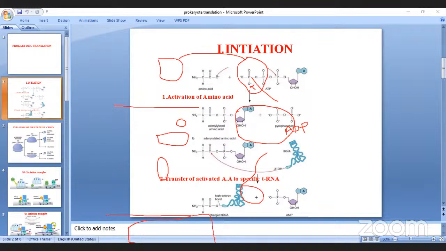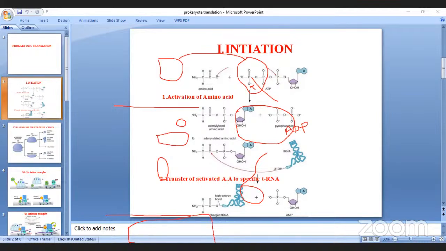So the first bond is the acyl bond, between the carboxyl group and alpha phosphate. The second is with the activated tRNA, because the tRNA brings the amino acid towards the mRNA strand to form the polypeptide. Here also the bond between the tRNA 3' end hydroxy group and the amino acid carboxyl group is an ester bond. Right? Is it clear?